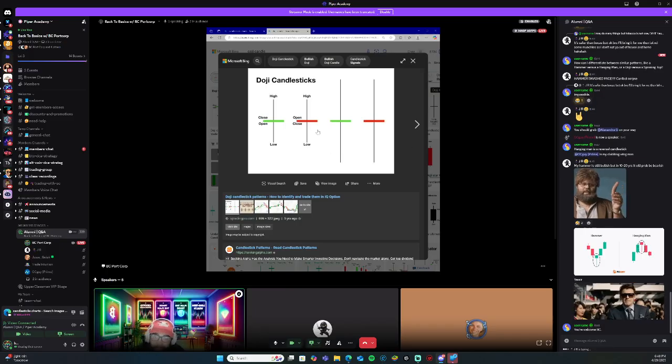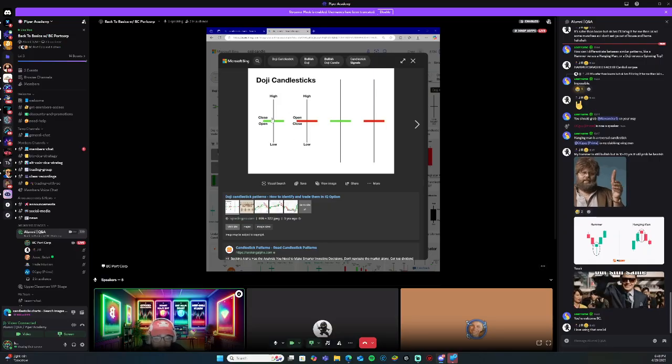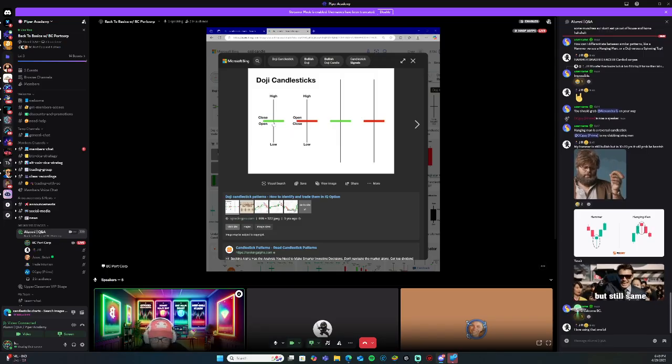Here, he brought up that doji candle, and what you see here is also known as an indecision candle. You have your open extremely close to your close and a giant wick on either side, indicating that there was a lot of price movement within that candle, but there was not a giant difference between the open and the close of the candle, meaning that there was a lot of battle going on between high and low, but it ended up closing close to where it opened, leaving us at an indecision point.